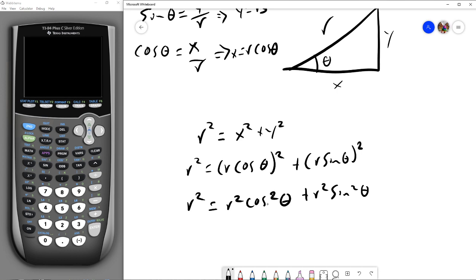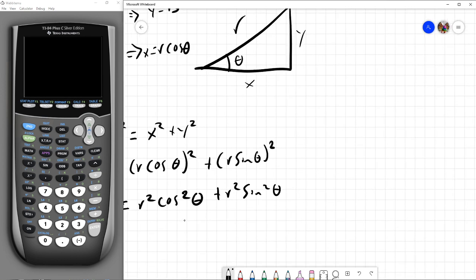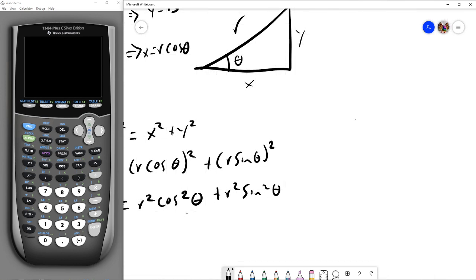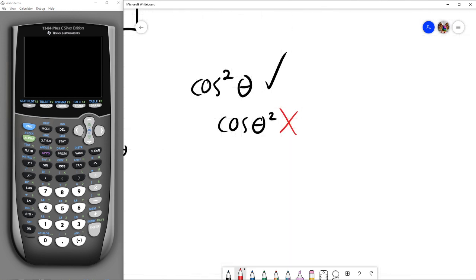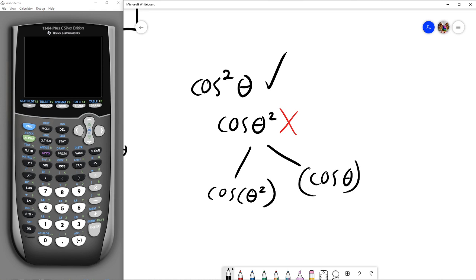What we need to note is whenever you write cosine squared or some trig function to some power, you want to write the 2 right here and not over here. This is good, this is bad, because this notation can mean two things. Do you mean cosine of theta squared, or do you mean cosine theta, this entire quantity squared?